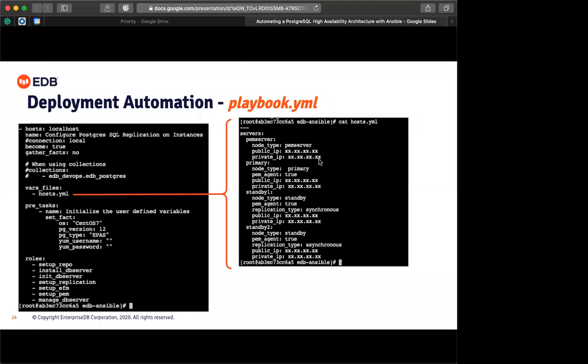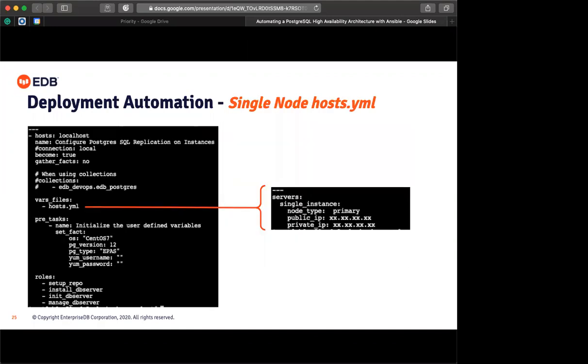It's totally up to you, and you can define a property called replication_type. So you can see it's a very formatted host.yml file through which you can pass the information to the playbook, and based on the playbook, Ansible will be able to deploy a core architecture in your environment, whether it's a multi-node or single node. So let's look at the single node architecture.